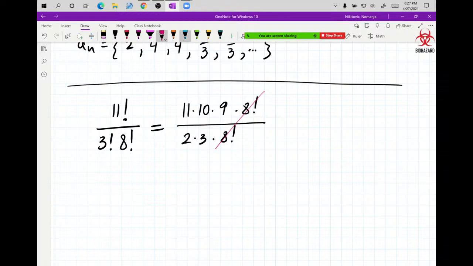And then you can cancel 3 and 9, get a 3 there. Cancel 10 and 2, get a 5. And all you need to do is 11 times 15. 11 times 15 is, you write 15 and 15, so 165.